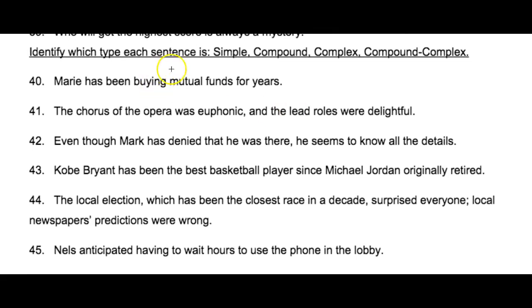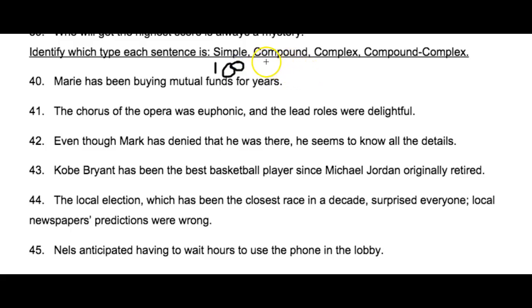Then there also is, this is actually level 4. If you end up doing the practice test, you might want to just review this. A simple sentence has one independent clause, but then it has zero dependent clauses.